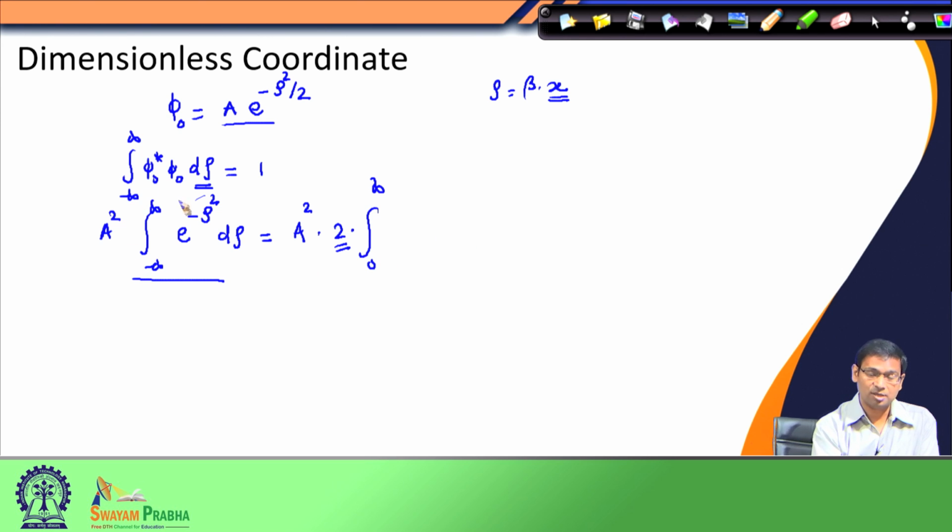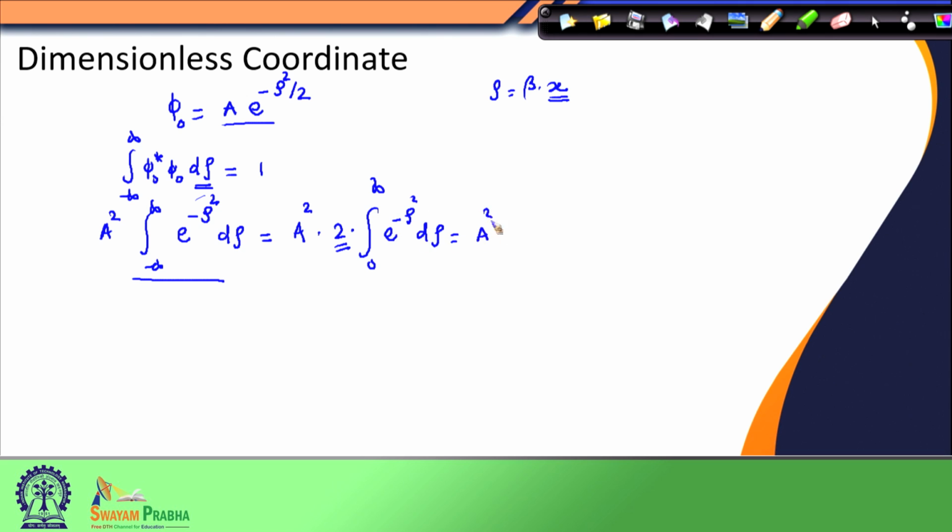So the integral from minus infinity to plus infinity gives twice the integral from 0 to infinity of e to the power minus rho square d rho, and this value I know as square root of half into square root of pi. So this has to be 1. Therefore, my A is going to be 1 by pi to the power 1/4.